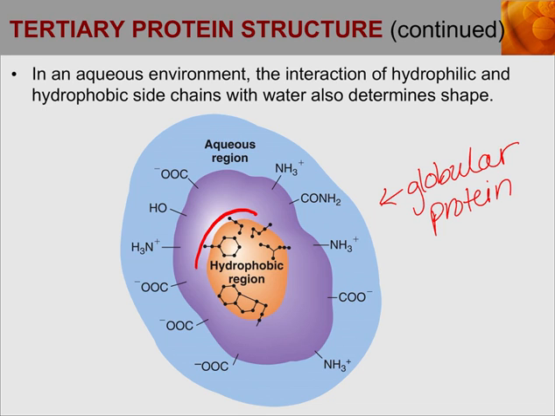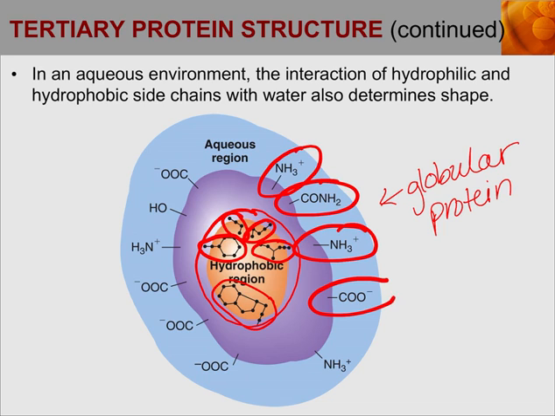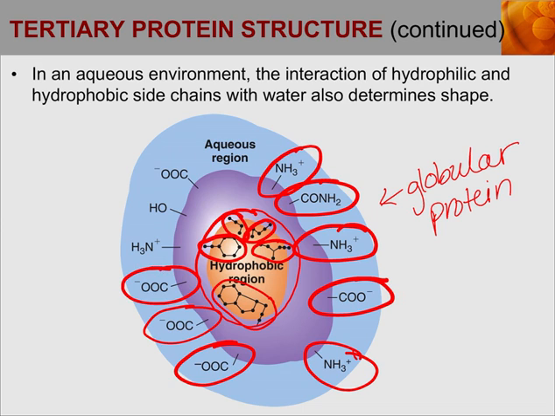So in the middle, you might have side chains coming off of amino acids that are all non-polar, and they want to face towards each other so that they can get as far away from water as possible, because non-polar molecules don't dissolve in water. But if you have anything that's polar or has a positive or negative charge, those can face outward towards water because they're attracted to water.